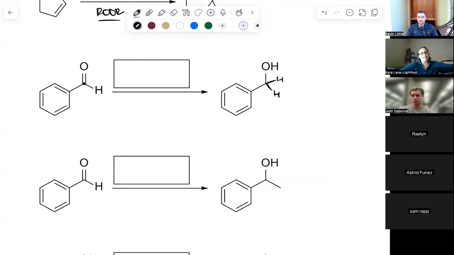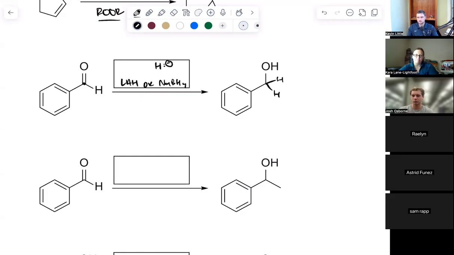I've somehow added not only a hydrogen, but a hydrogen with 2 electrons. I've added a hydride. And since I've added it to a carbon, I need a nucleophilic hydride. So I need either LAH or sodium borohydride works as well here.